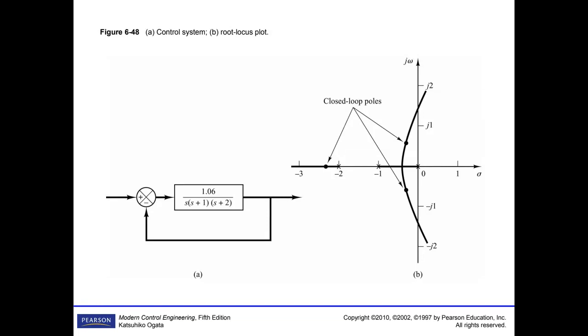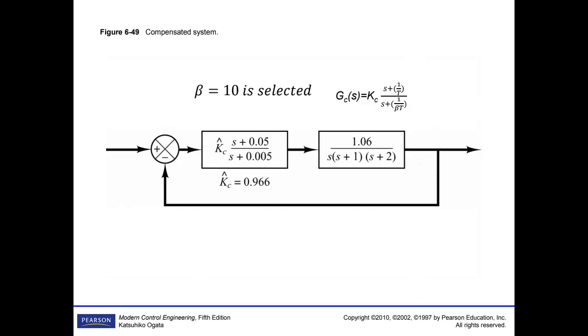You are adding a 0 almost to the origin. And very near to it, you add a pole. And the root locus also, this is the one, for example. Beta is always giving you the factor of reduction of the steady state error. So this 10 means the steady state error is reduced 10 times.